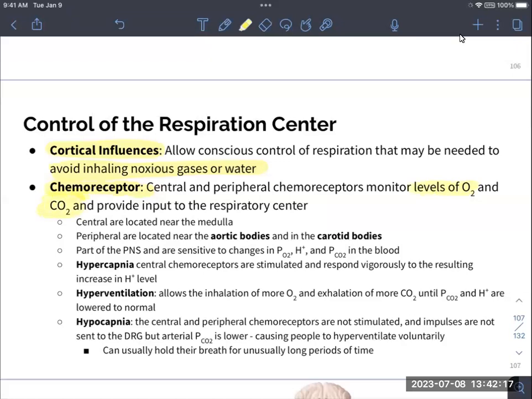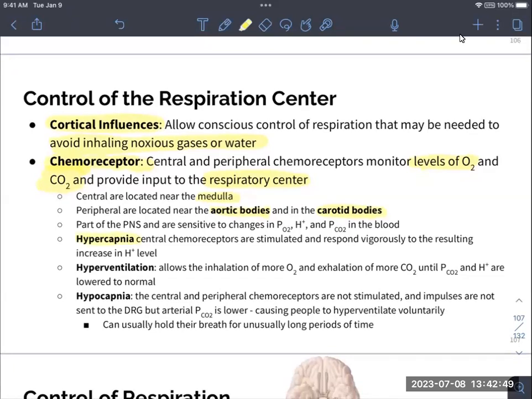Those chemoreceptors in the blood are actually sending information to that respiratory center, because we need to make sure that we are getting enough oxygen and getting rid of enough carbon dioxide. So those aortic bodies and those carotid bodies, they're monitoring oxygen and carbon dioxide. This information goes to that medulla.